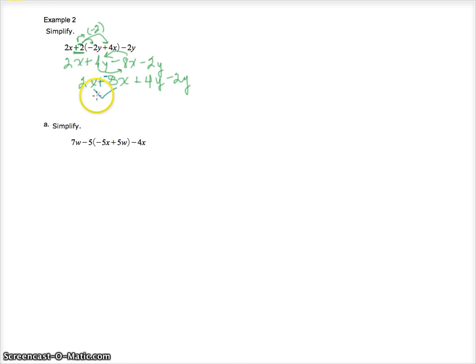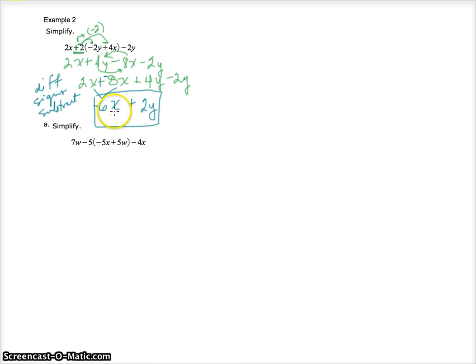Different signs, subtract. 8 minus 2 is 6. The 8 was bigger, so it gets the negative. Plus 4y minus 2y gives me 2y. x and y are not the same, so I cannot combine them. That's my final answer, negative 6x plus 2y.